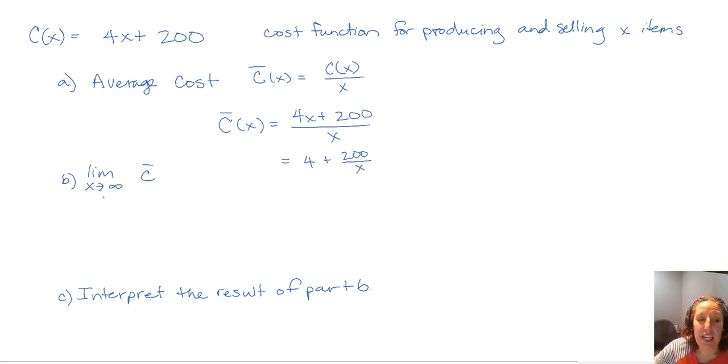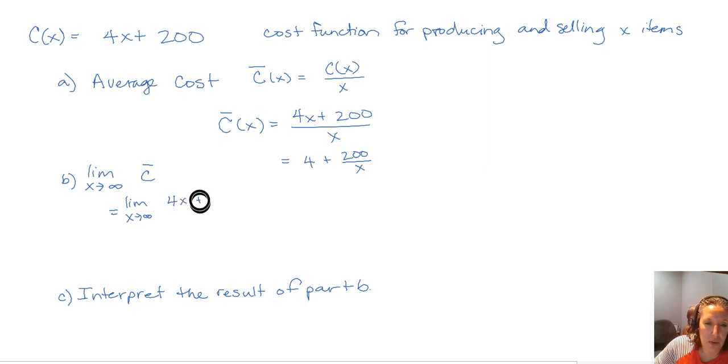So part B is asking us to find the limit as x approaches infinity of that c bar. I'm going to go ahead and show you the first form, and then I'll point out how it simplifies to the second form, which is a little bit easier. Analytically, our top would be going to infinity and our bottom would be going to infinity because we have x on the top and x on the bottom.